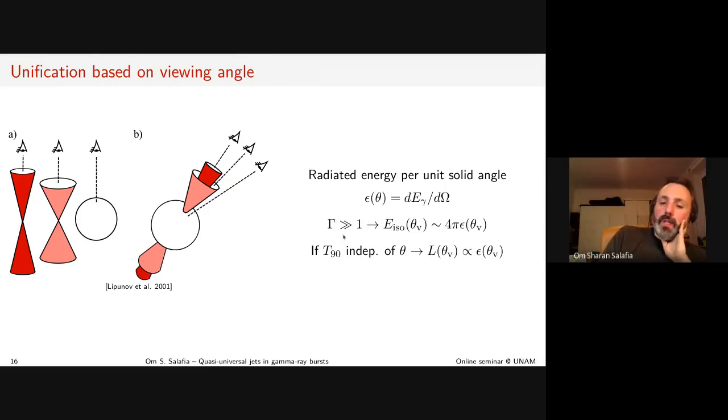And if the source is highly relativistic, then the isotropic equivalent energy that you would see at a viewing angle theta view is just 4 pi the radiated energy per unit solid angle at that angle, because you only see the part of the jet which points towards the observer. If the duration of the jet activity is independent of the viewing angle, then the same applies to the luminosity. The luminosity has the same angular dependence.